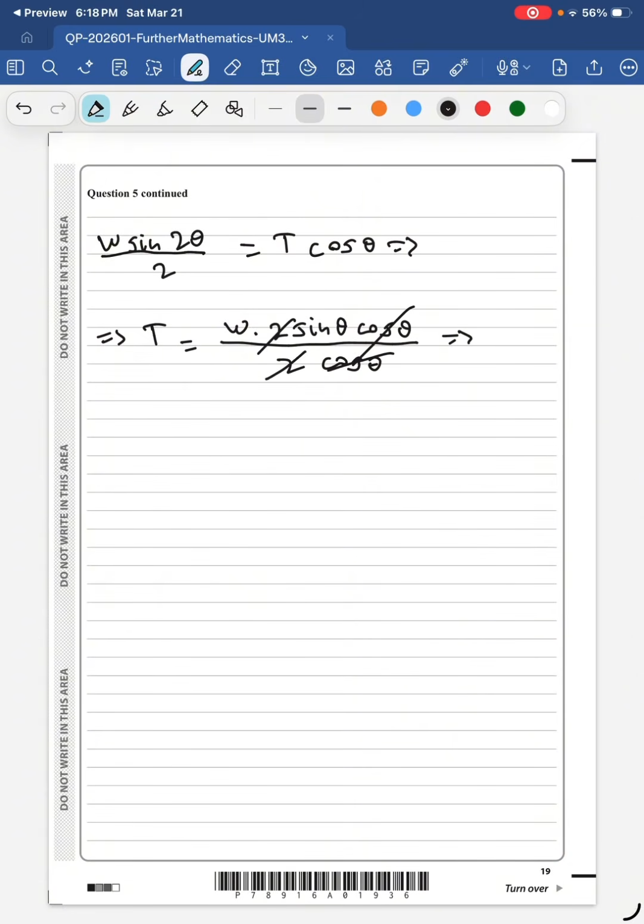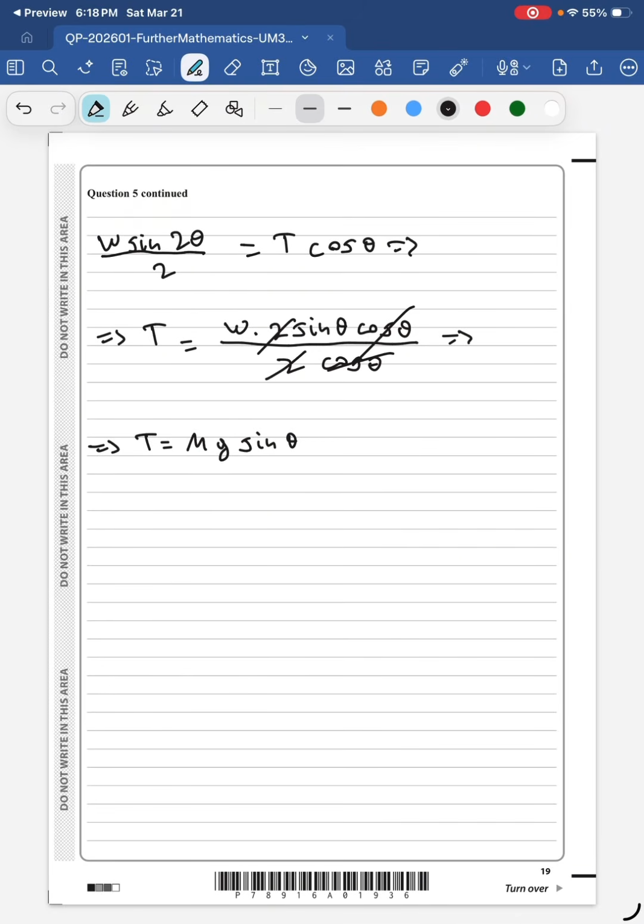So T is mg sine theta. Not the tension, I'm sorry, I keep saying the tension, I mean the elastic force from the Hooke's force, right?